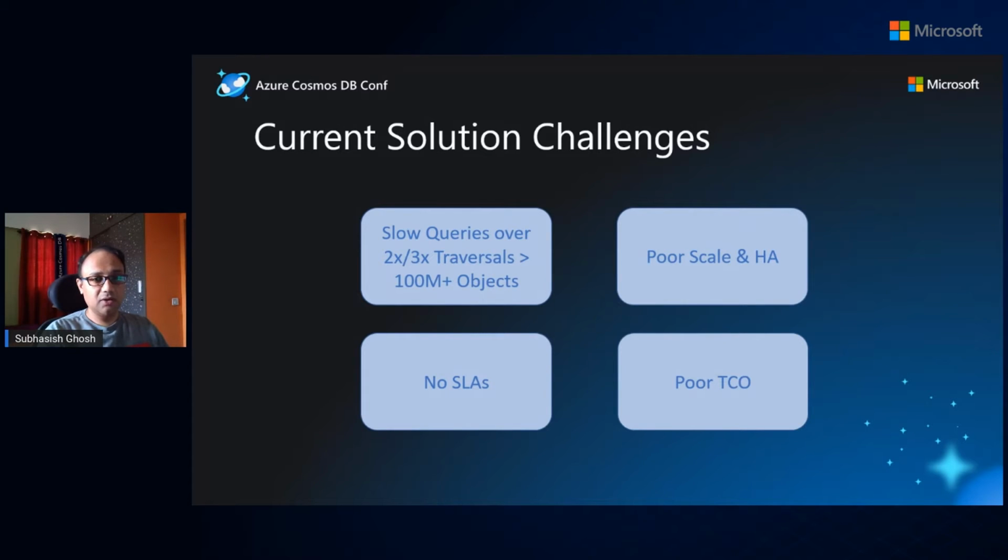Number two, of course, this particular solution built over two RDBMS solutions lacked scalability, and traditional on-premises HA, though part of the solution, still required the team to scale the server during peak times. There were no SLAs per se in most of the customer use cases I worked on. They wanted a dedicated SLA on performance if available, definitely on last mile read latency, write latency, and throughput, which would be excellent to estimate and also optimize for.